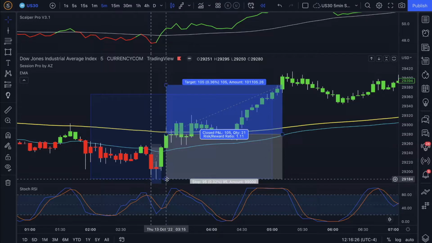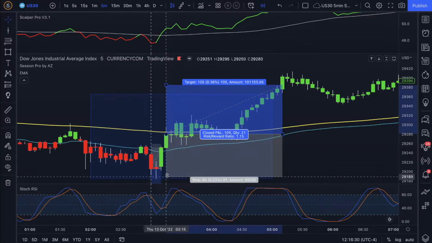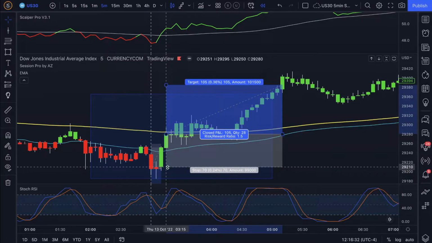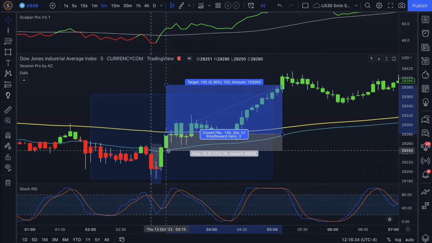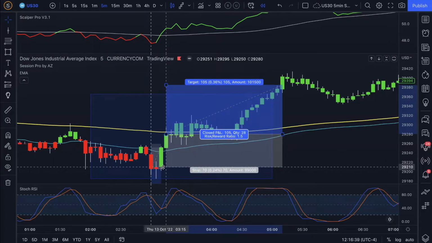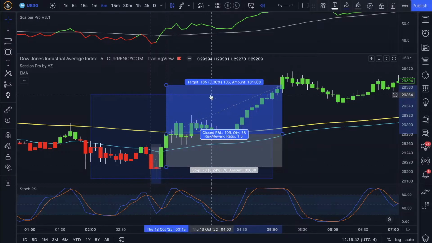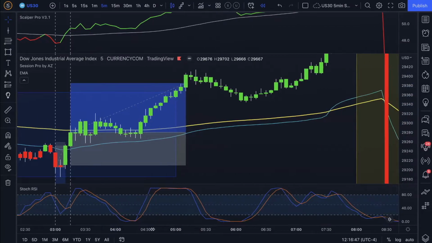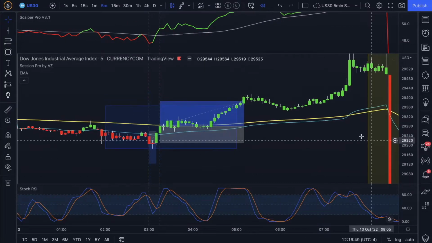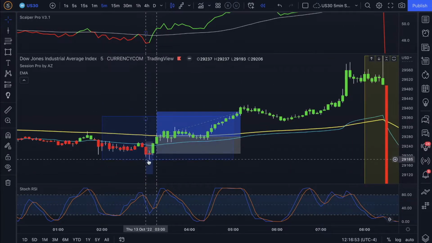So what I'm trying to do, if I get a big explosive setup, is I try to move my stop loss closer to my entry. For example, it could have been the VWAP, it could have been the top of this wick, it could have been the body low here, so basically the opening price, and you would have hit a 1 to 1.5 risk reward.